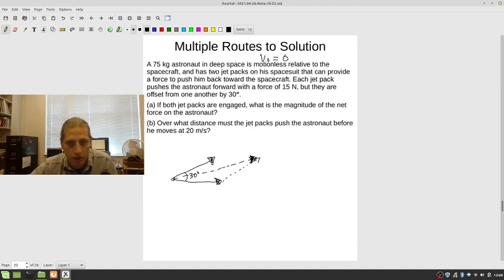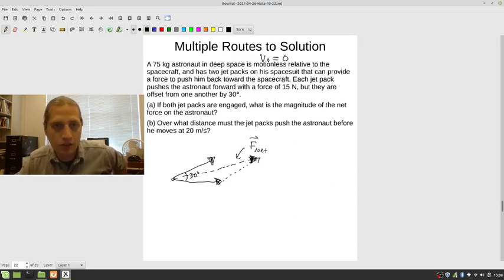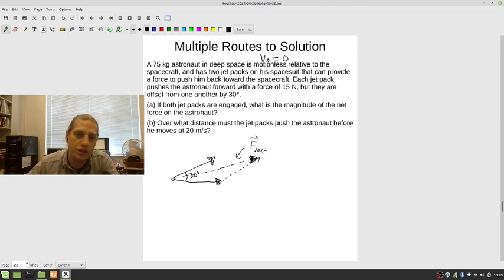Okay, so this is your F net. And so when your astronaut turns on the jetpacks, they're going to experience something that's not just 30 newtons. It's going to be something slightly different because these are not perfectly aligned.